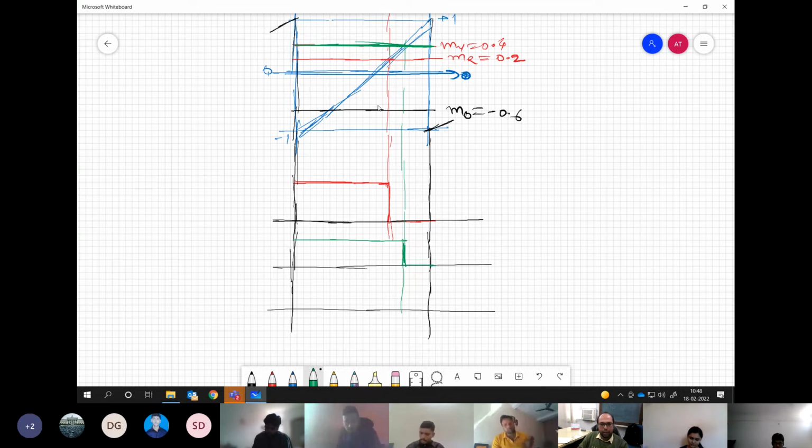And then we have B, which is negative. So the on duration will be small and the off duration will be more, because we are realizing negative voltage.